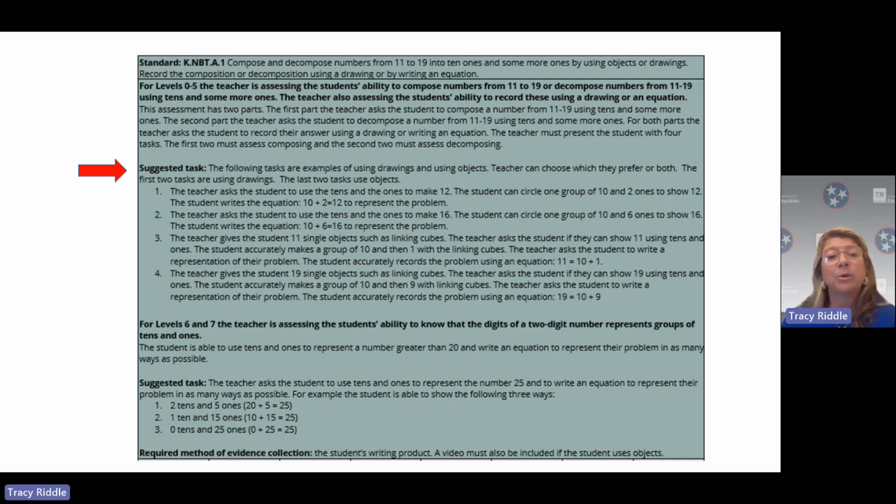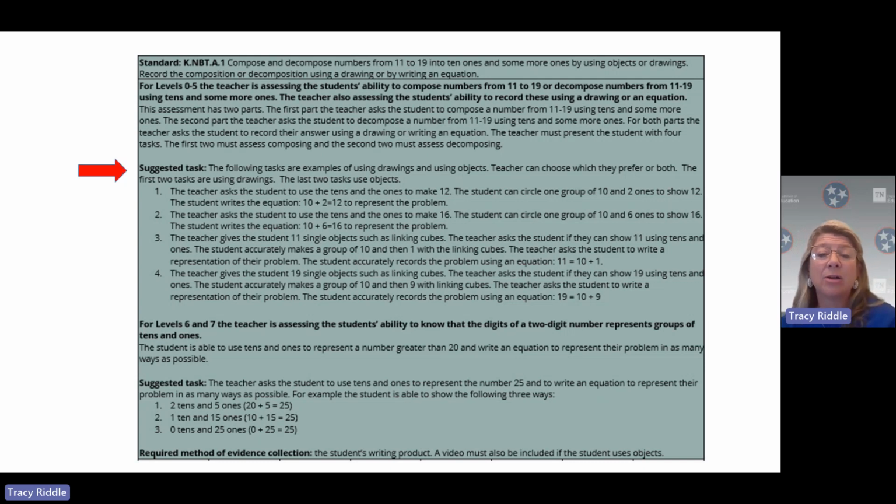For the first example, the teacher is using a writing paper where the student is using drawings. The teacher asked the student to use the tens and the ones to make 12. So the paper would have a group of tens and a group of ones, and the student circles 1 ten and 2 ones to show that is 12.